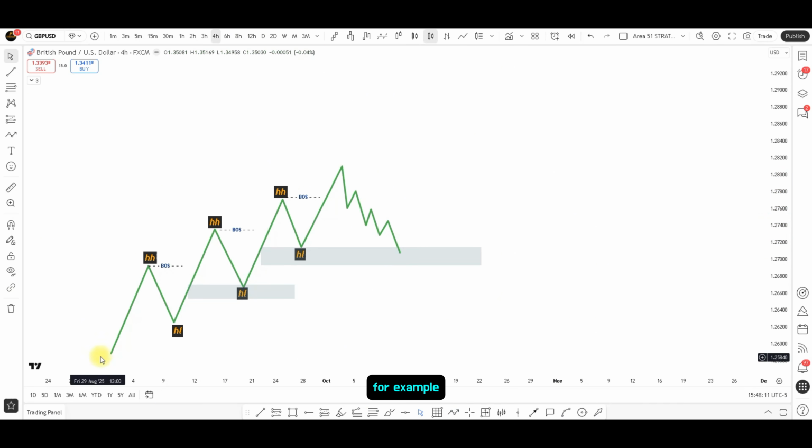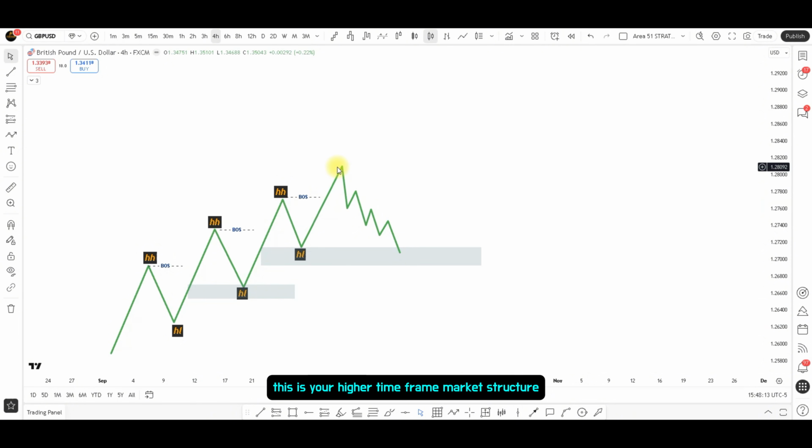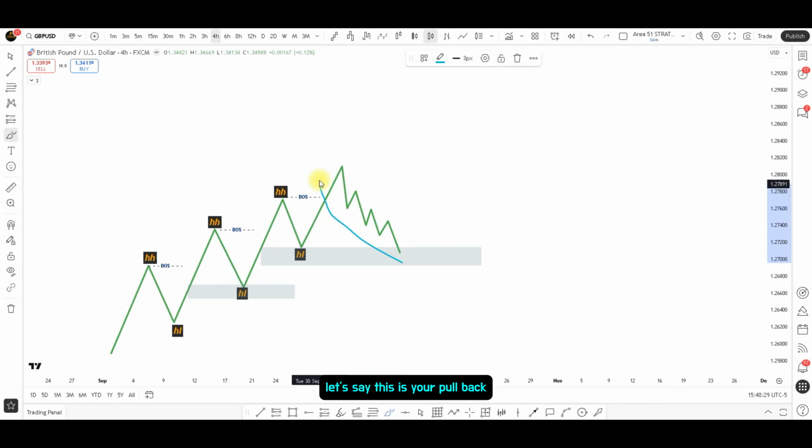Let's say, for example, this is your higher time frame market structure, which is an uptrend. You already identified price creating higher high, higher low, higher high, higher low, higher high, higher low. Each high is higher than the previous higher highs, and each higher low is higher than the previous higher low. When you go to the lower time frame, let's say this is your pullback back to the demand zone.